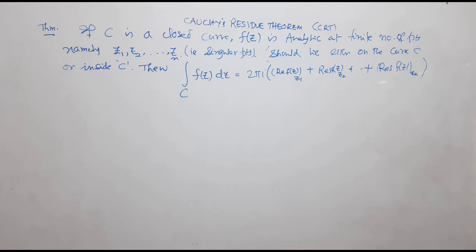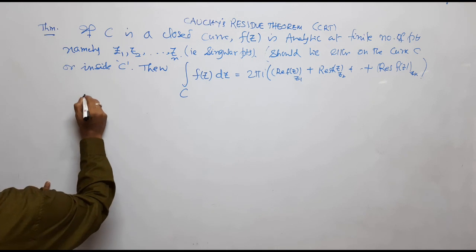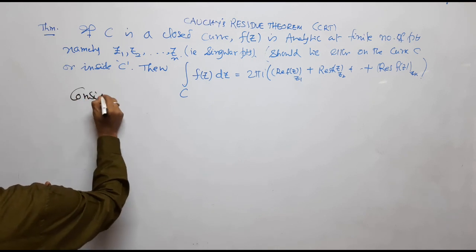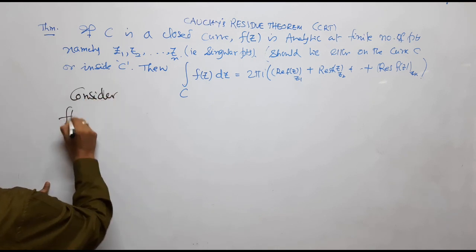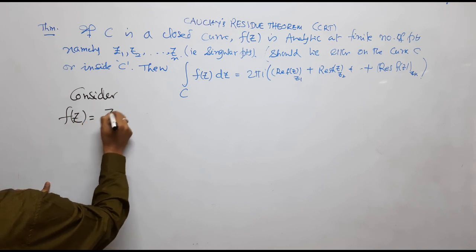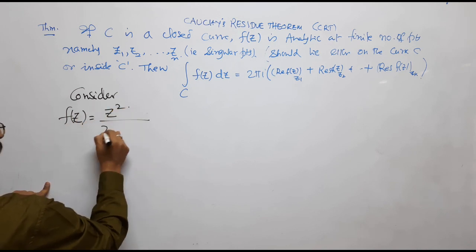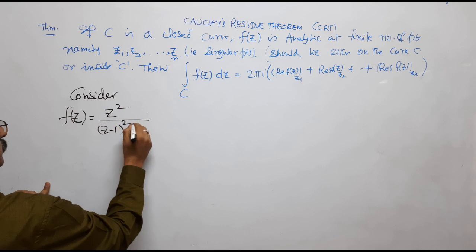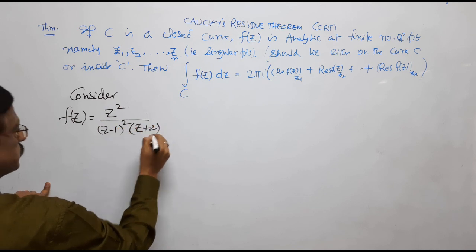Just before calculating the residues and before applying this Cauchy's residue theorem, let me do a problem which will be very interesting. Consider f(z) is equal to z square by (z minus 1) whole square into (z plus 2).